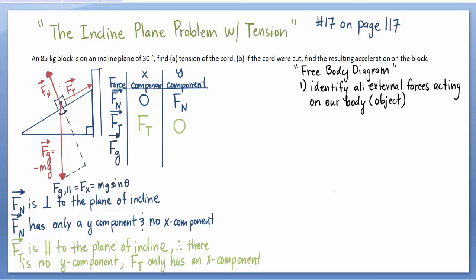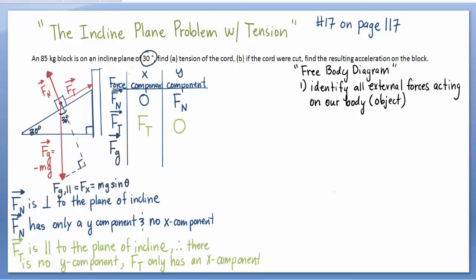And we were given that the incline was 30 degrees, and that makes this 30 degrees. We talked about that earlier on Monday, how to do the geometry and get these angles.